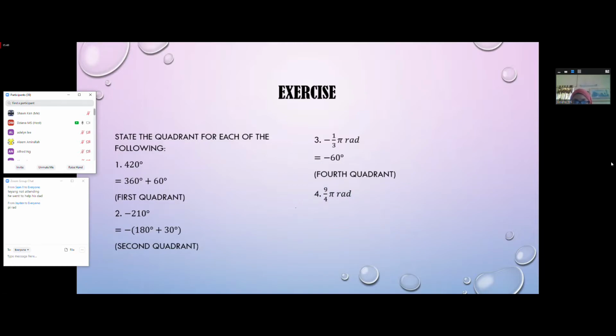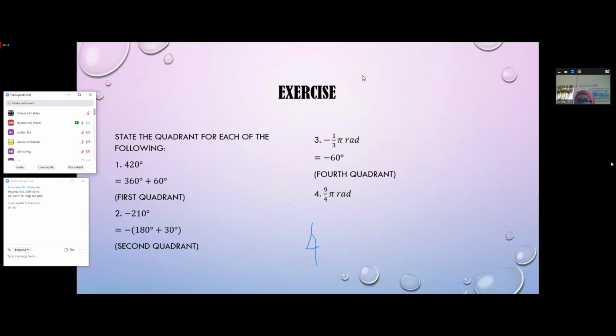9 over 4 pi rad. Can someone convert that into degree first? Pi rad is 180. Convert that into degree. Someone scribble on the screen.